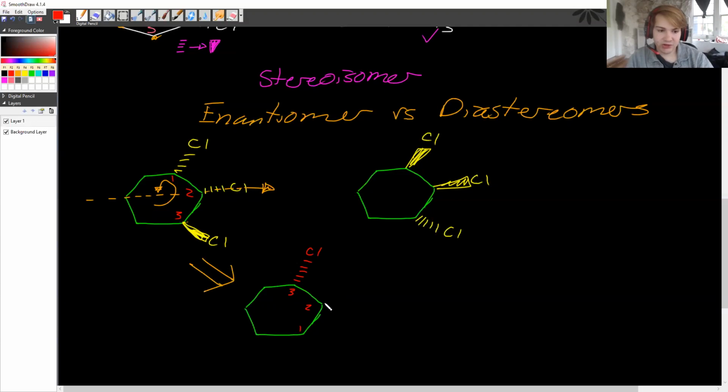Carbon 2 changes as well, now it'll be a wedge, and carbon 1 is going to change. So we're checking to see if we can mirror it to get this compound, and we see that we don't have the same compound. Here this is wedge, wedge, dash, and now we have dash, wedge, wedge.